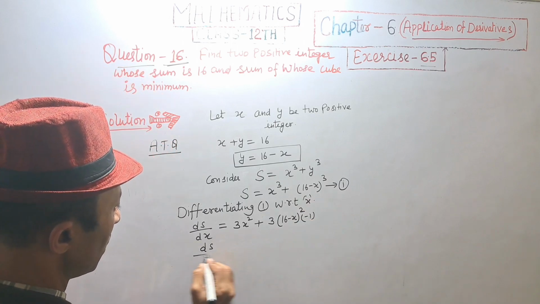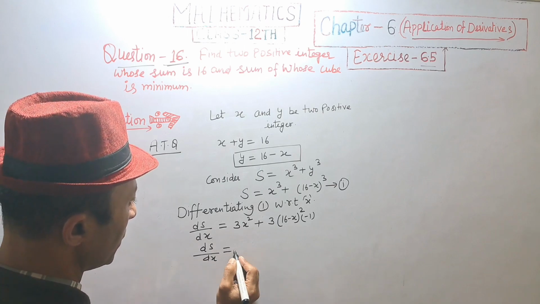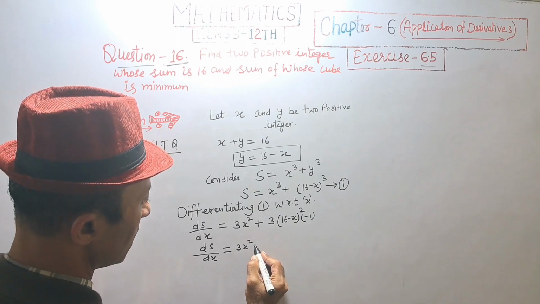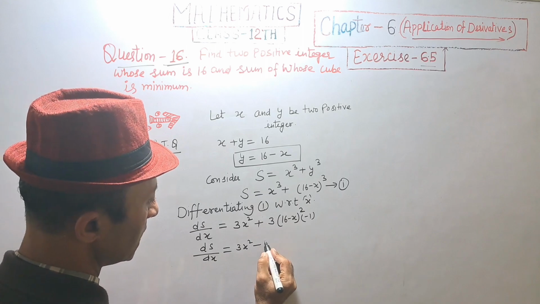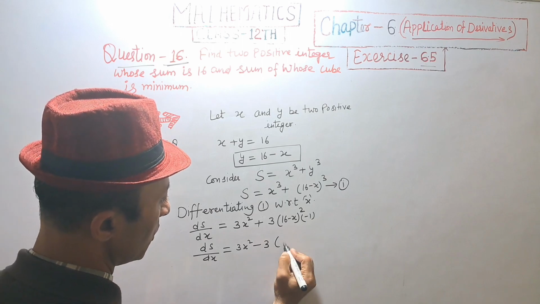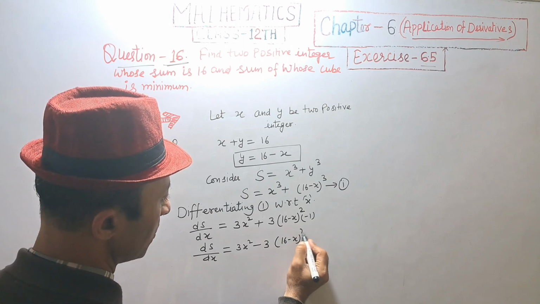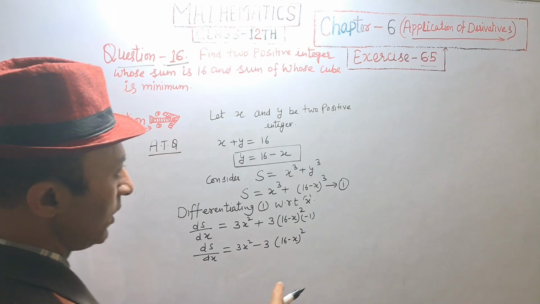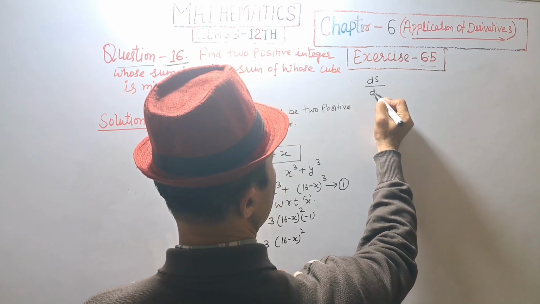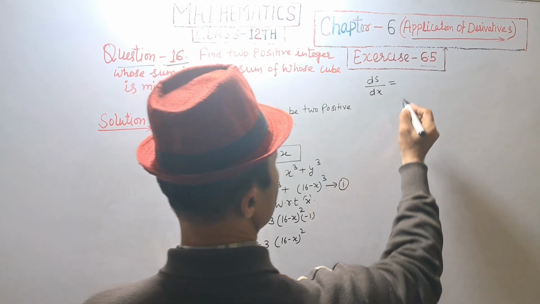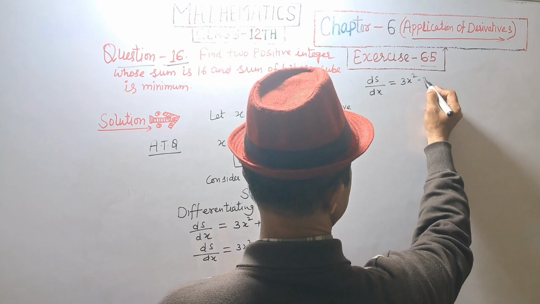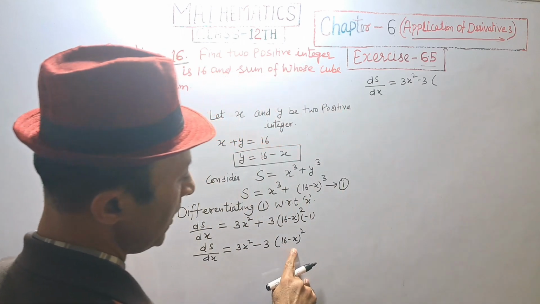We get dS upon dx is equal to 3x square minus 1 multiplied by 3, that is minus 3 into 16 minus x raised to power 2, and dS upon dx is equal to 3x square minus 3 into a minus b raised to power 2.